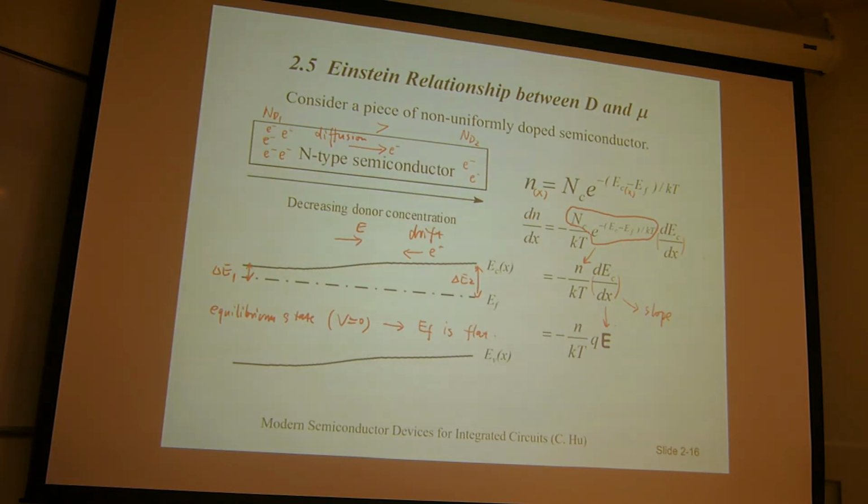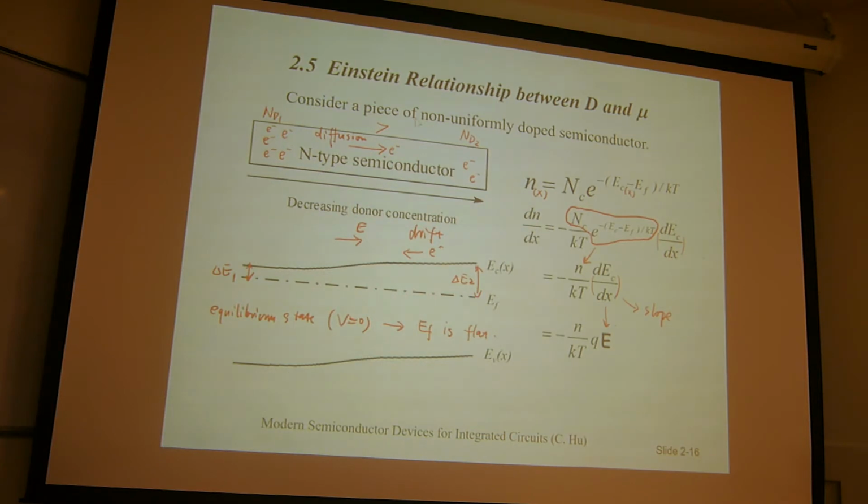So you have an electric field, then the electrons will drift from the right to the left, because as we just said, electrons tend to fall down. So the drift and diffusion electrons will cancel each other, and your net current is zero. This is as expected because your external voltage is zero.